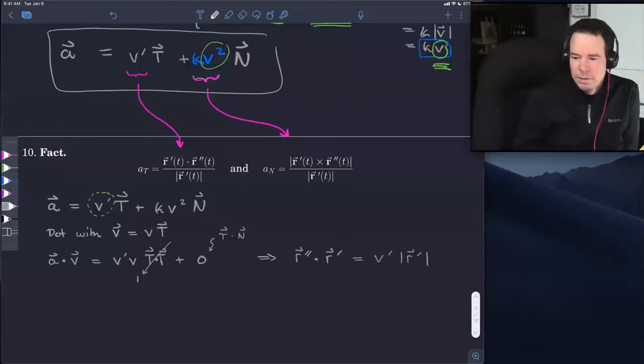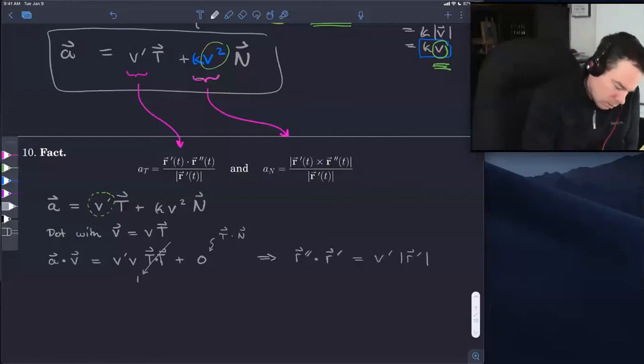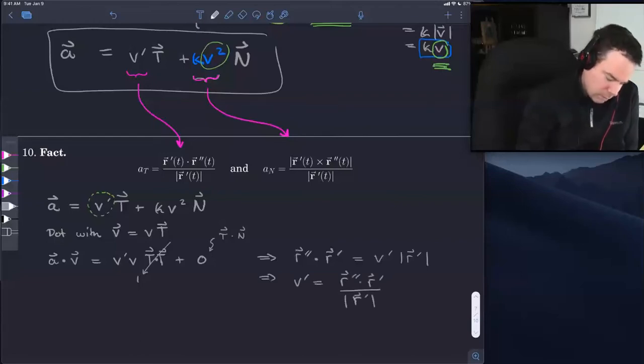So I'm just replacing what these v's and a's are in terms of the original expression that gives them, that's our vector valued function r. And so that tells us that v prime is equal to r double prime dot r prime all over the magnitude of r prime. And that's what we wanted to establish.